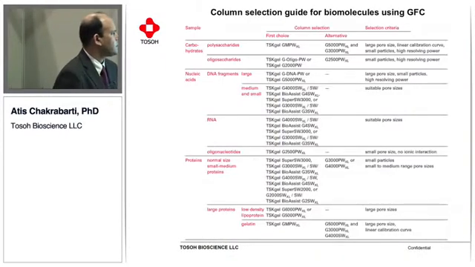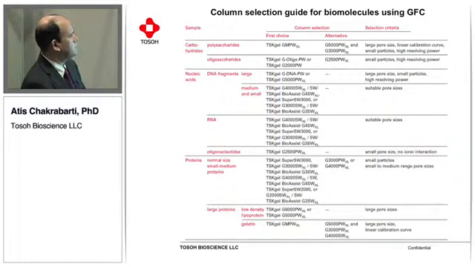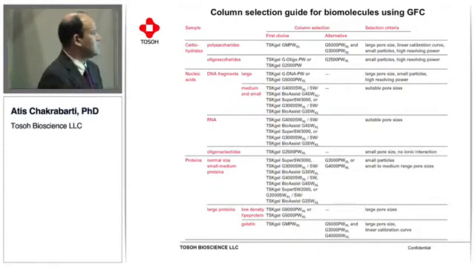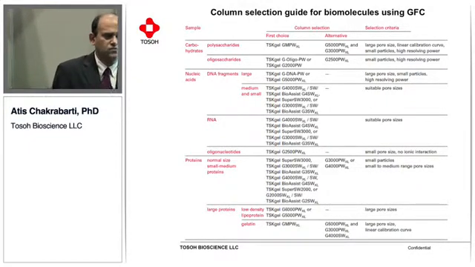So this is just another slide to show we have different types of column lines available for different types of applications, and we have a selection criteria depending on what sample: nucleic acid, DNA, RNA, oligonucleotide, proteins, whether it's a large protein or small protein, what kind of protein.